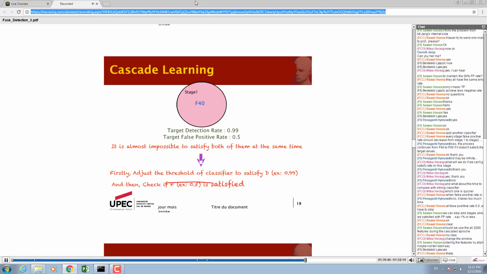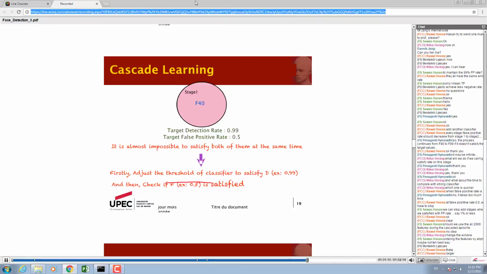Okay, so we can make it. How can we? Let me give you a question. When we have the target number 0.99, and the current D, with the given classifiers, is 0.98, then to satisfy 0.99, how can you adjust the threshold?